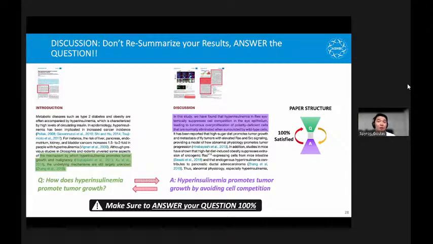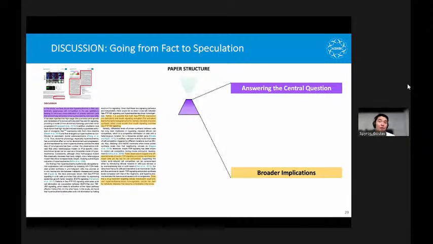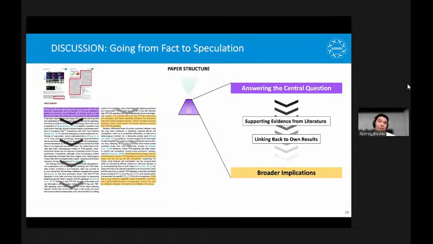Another thing you may have noticed in the discussion section is that it begins with the answer, and it ends with the broader implications and the impact on our society, such as by describing the potential therapeutic implications of these findings against cancer. And the text in between these two parts flows to provide supporting evidence from the literature and also links back to the author's own results.